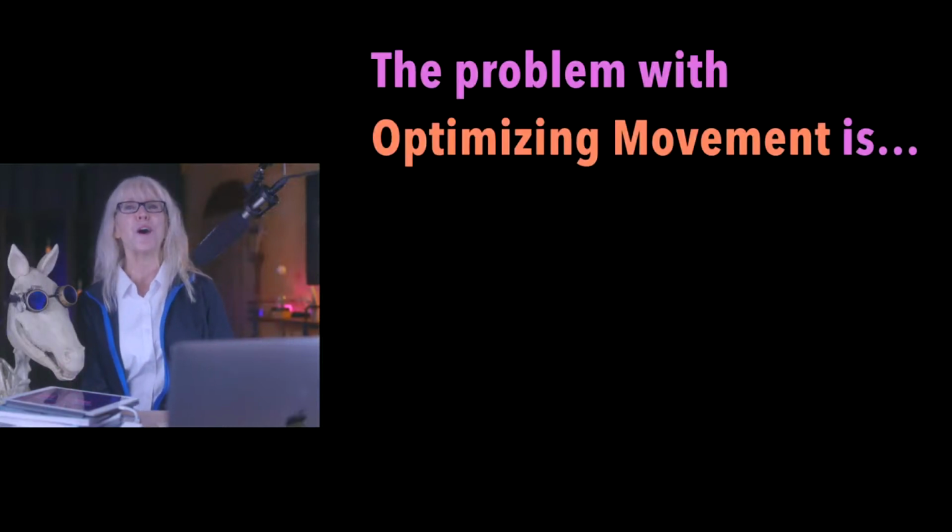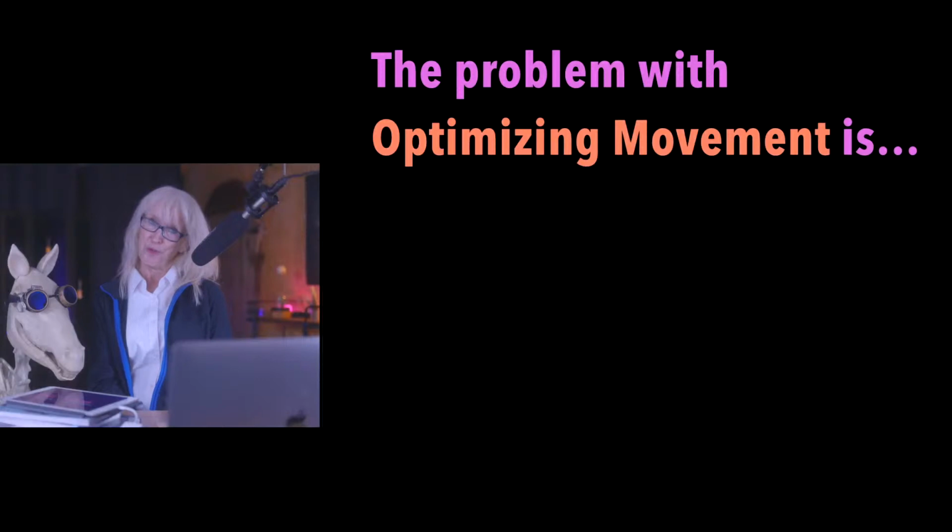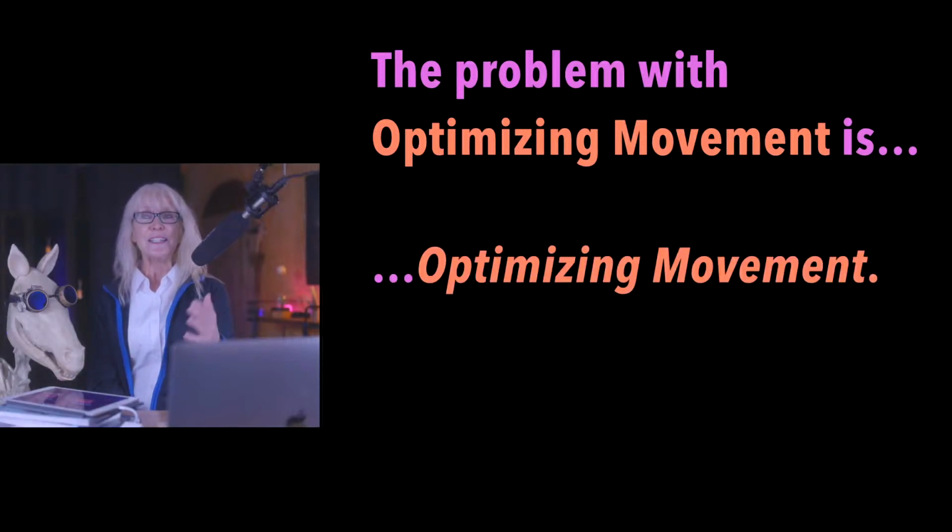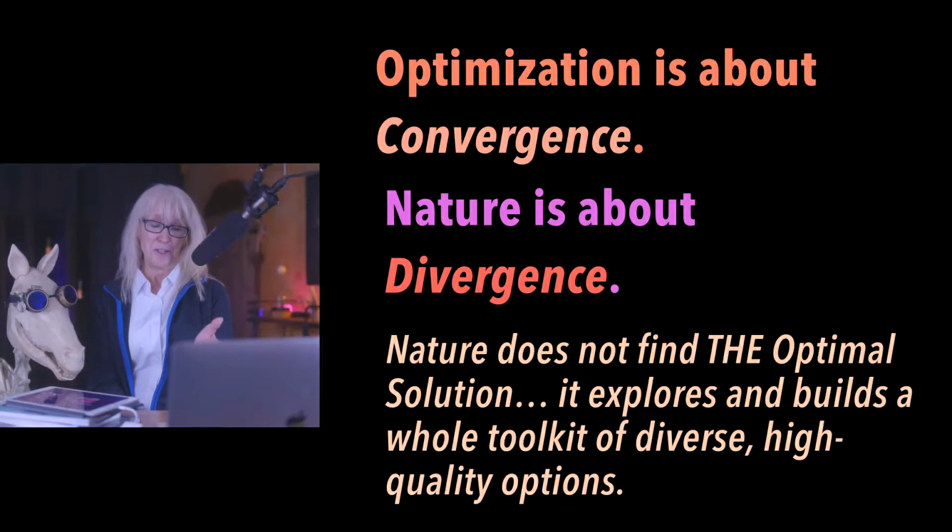So the problem with optimizing movement as a concept and a practice is the very idea of optimizing movement. So optimization is about converging, trying to get closer and closer to whatever the ideal template is for particular movements.